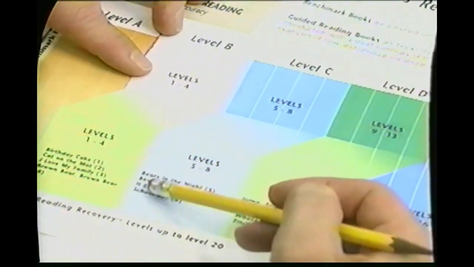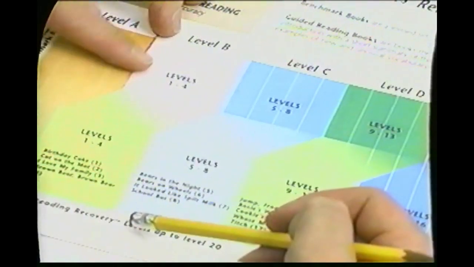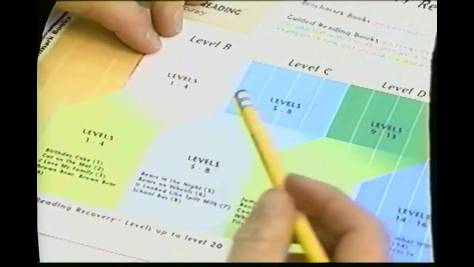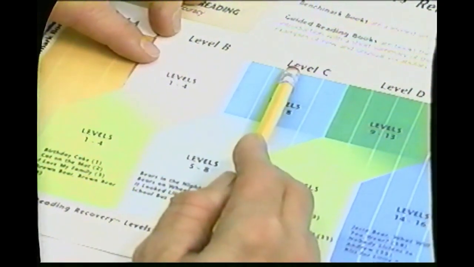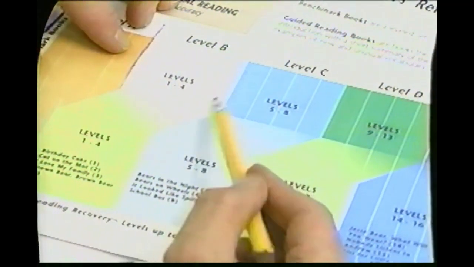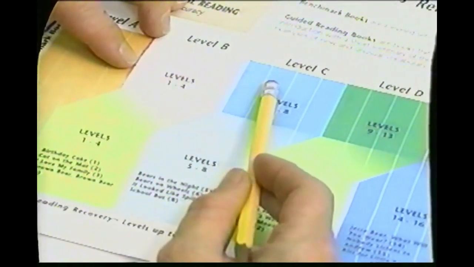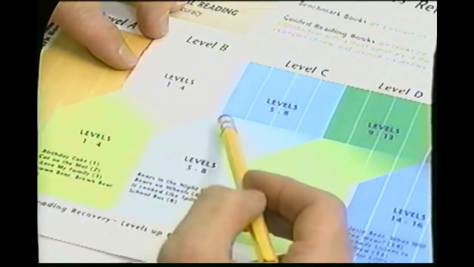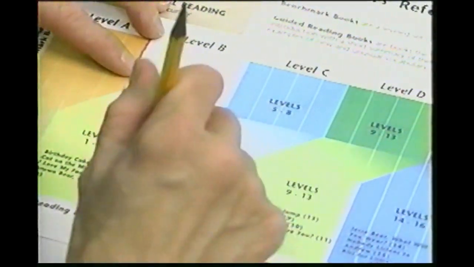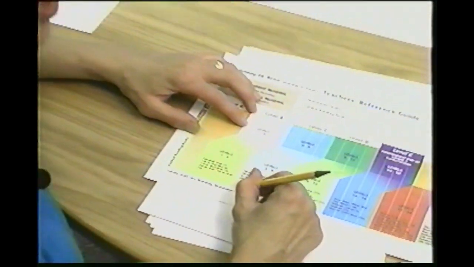There were some books in level C which she was able to read with ease, and others that were more difficult. So I would probably start by looking under column C on the reading continuum and marking those strategies which I was sure that she was confident and secure and used habitually.